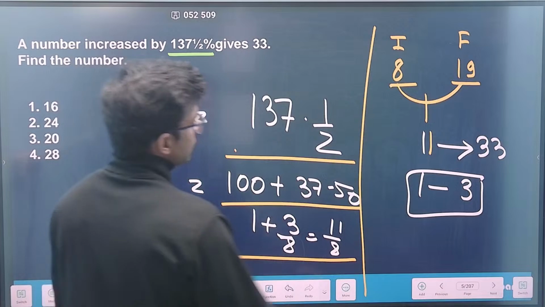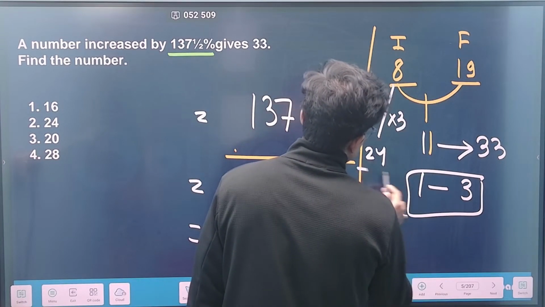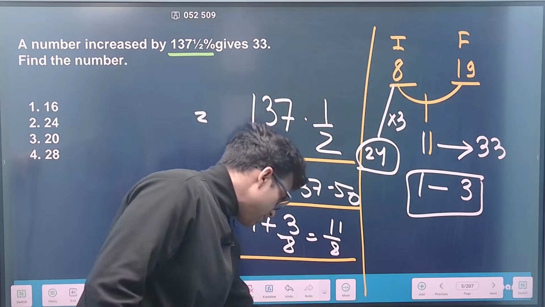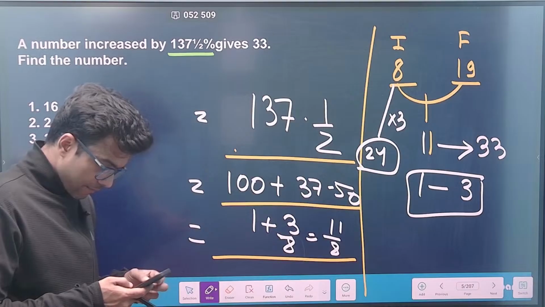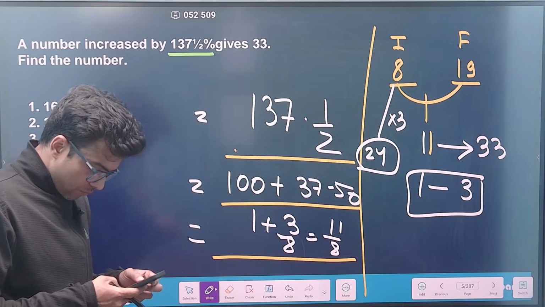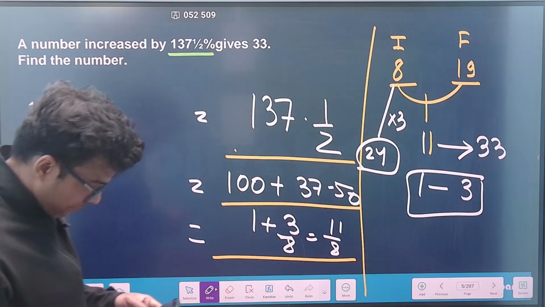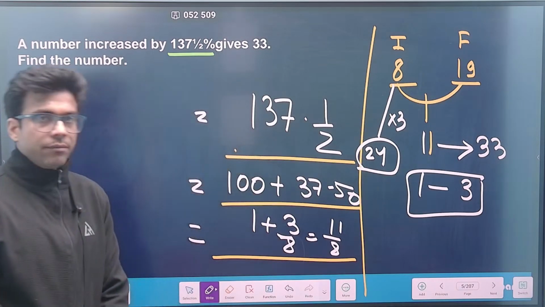Initially that number is 8, so 8 into 3 is 24, which is the answer. Very good. Understood, Chaitanya? You got the logic? Please confirm.